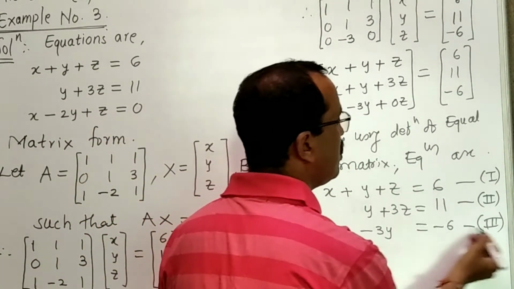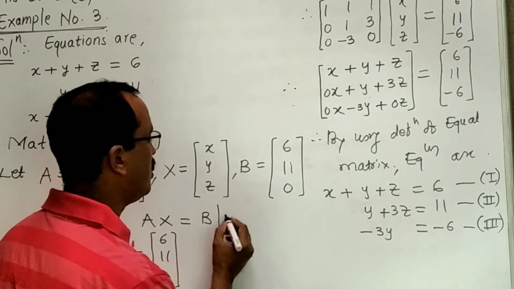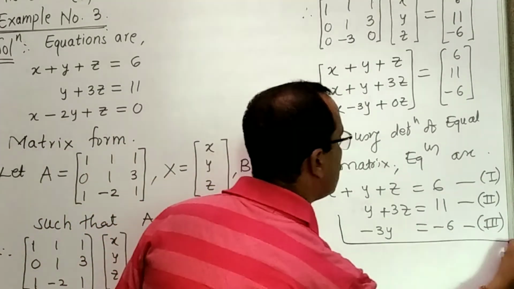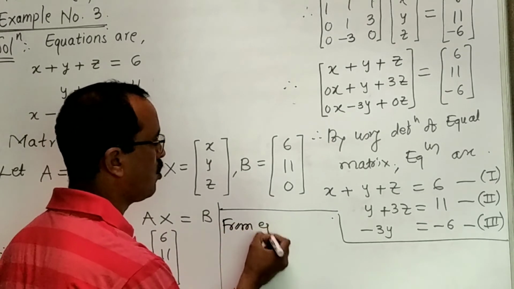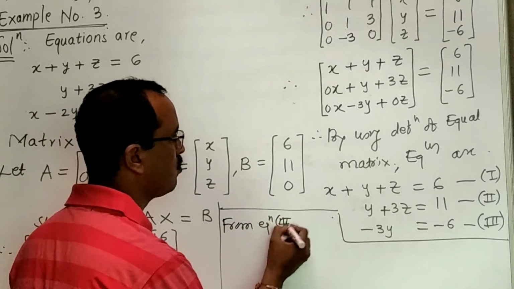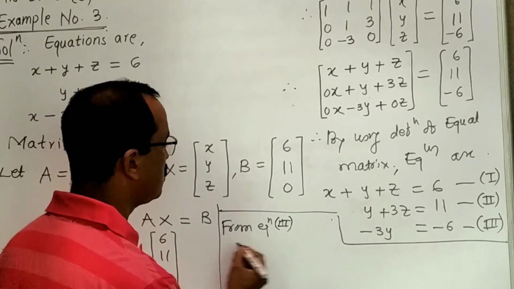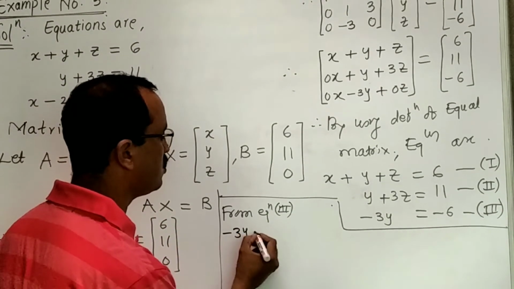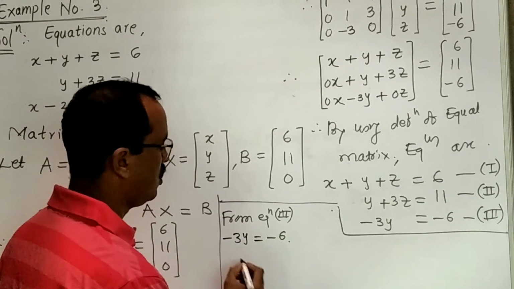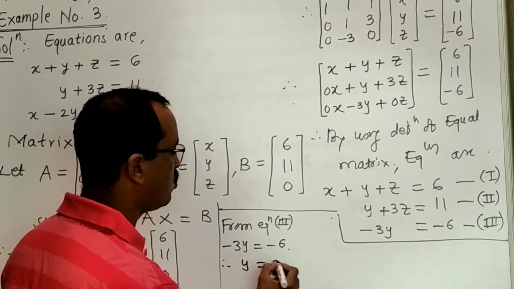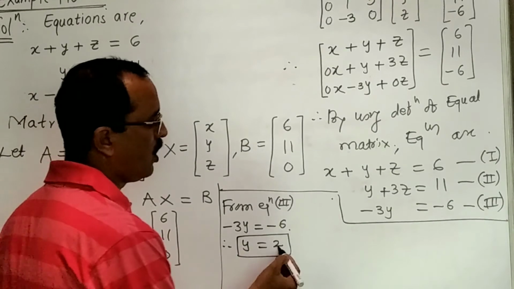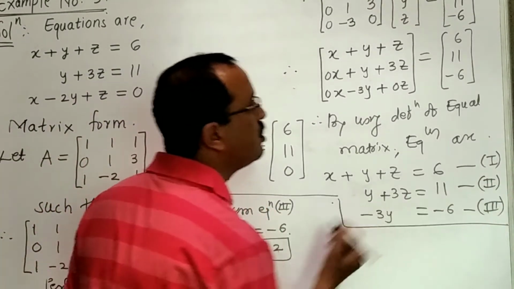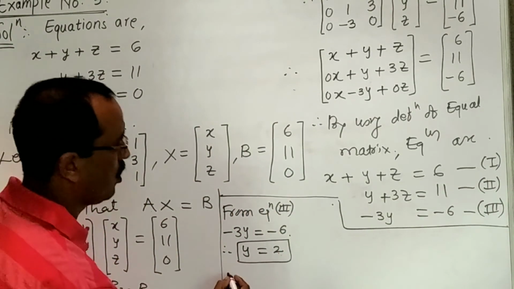First of all we solve equation number 3. From equation 3, minus 3y is equal to minus 6. Therefore y is equal to 2. Now put this value of y equal to 2 in equation 2.